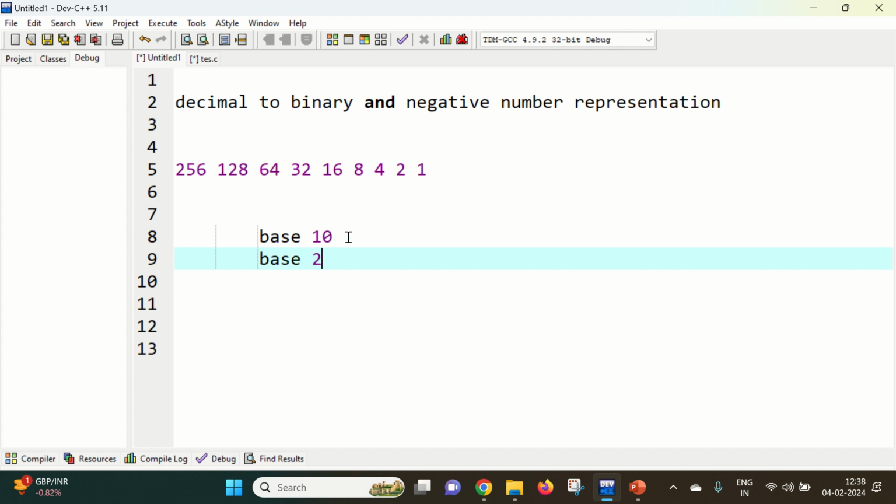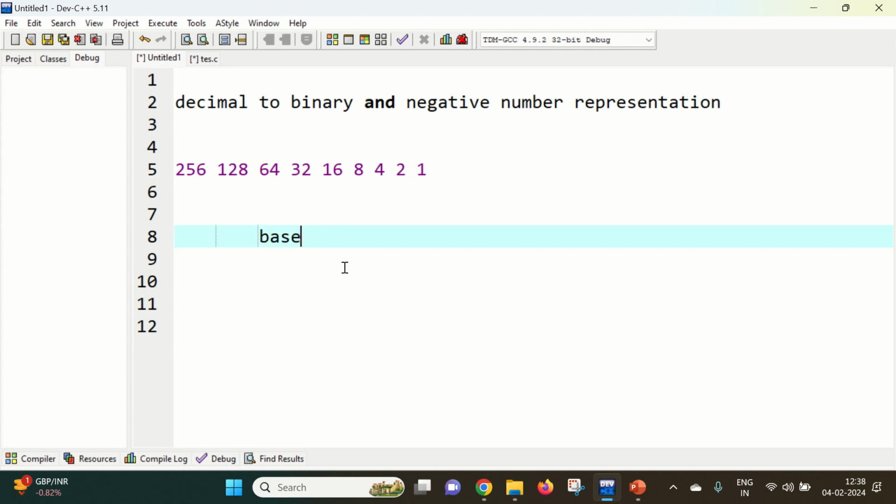This is what we are going to see: how we can convert a decimal number to a binary number. On the screen you can see that I have already written some numbers. When you want to convert a decimal number into binary, you have to represent your number only as a sum of these numbers. You have to express the number in this format only.